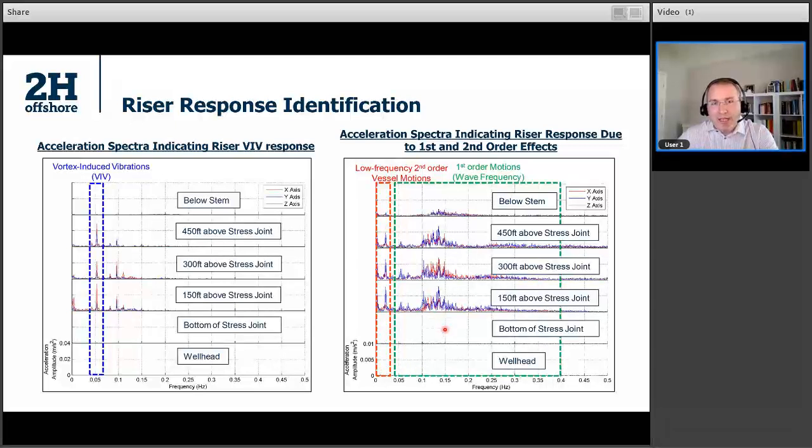So we don't rely on accelerometers if you want to capture very low frequencies. In this case, it is more appropriate to use riser position measurements. So you can capture the second order effects, but it is not in the scope of this study. So we are only using accelerometer data.